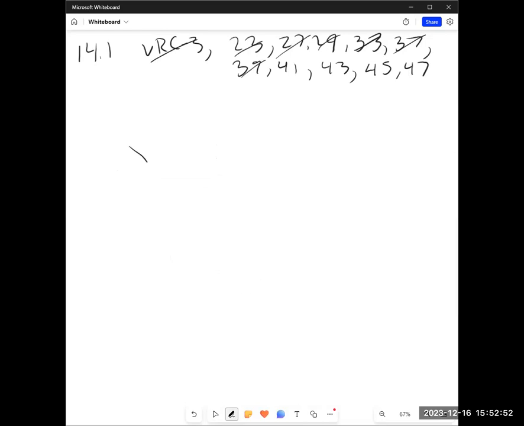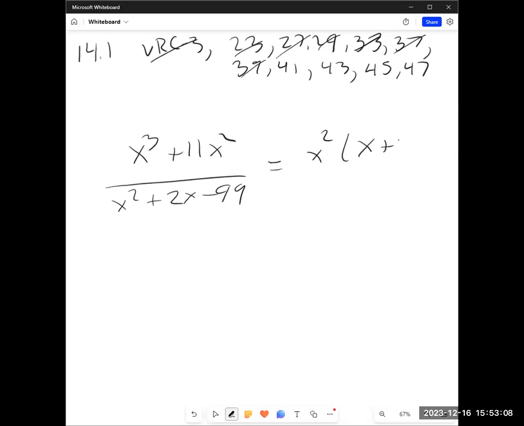Now we have x to the third plus 11x squared over x squared plus 2x minus 99. Factoring the top is going to give me x squared times x plus 11. Down here will be x plus 11 times x minus 9.